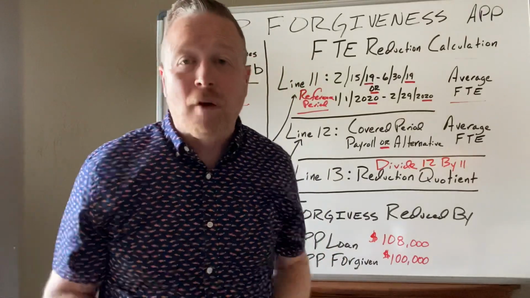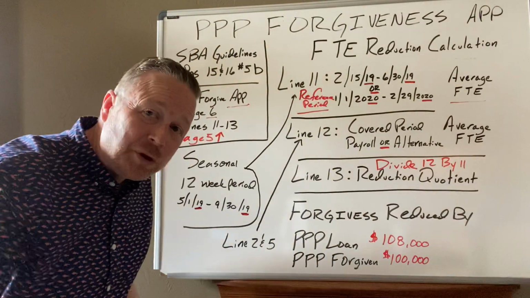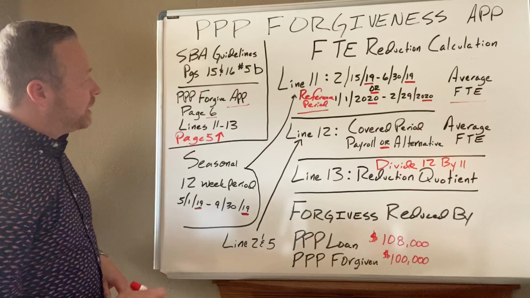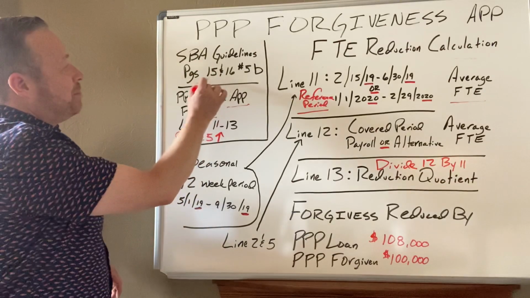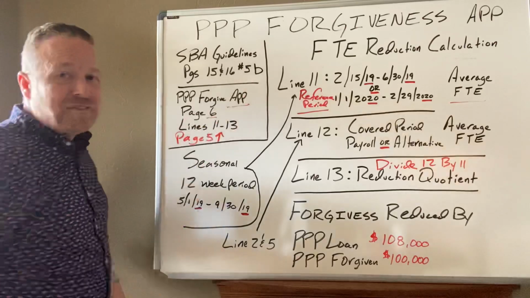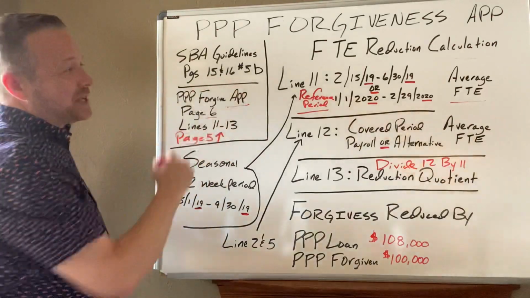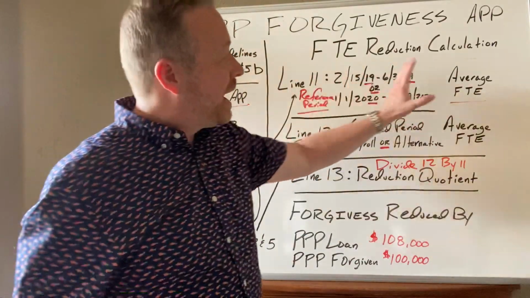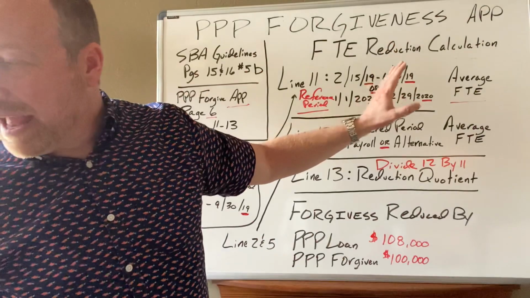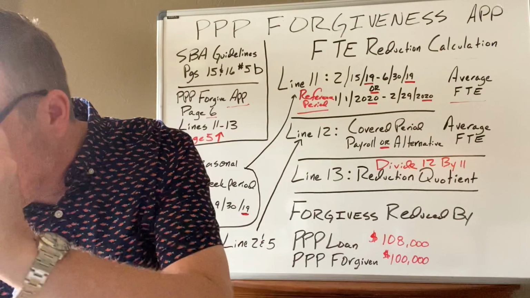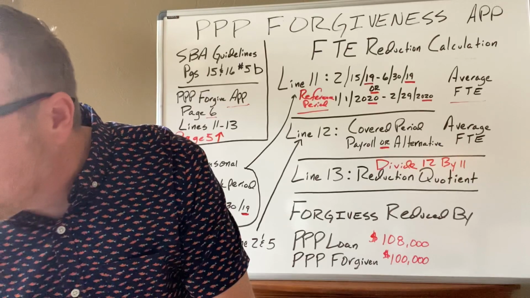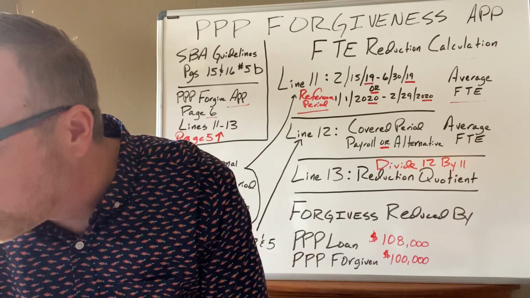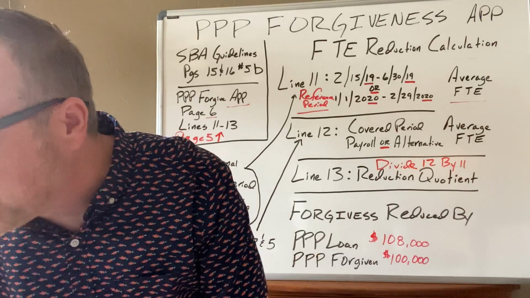This is an example from the SBA guidelines that I'm getting ready to give you. It's an example from them. So what you're looking at here is on those SBA guidelines on pages 15 and 16, I'm looking at 5B, as in boy. So that's where this example is gonna come from. You take those 2 periods, and what you come up with is, I don't wanna reshoot this entire video because I pulled the wrong number, and I'm pretty sure it's a 10 and an 8, and it is.